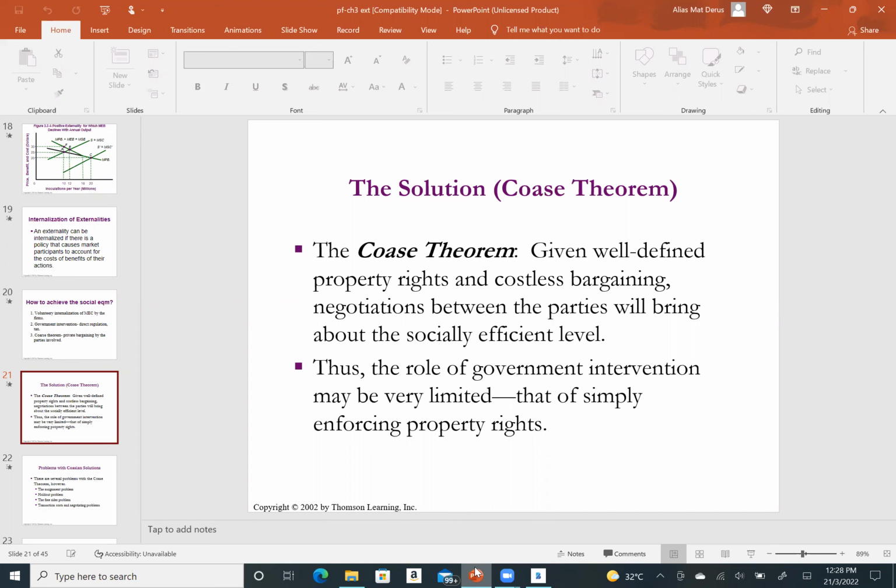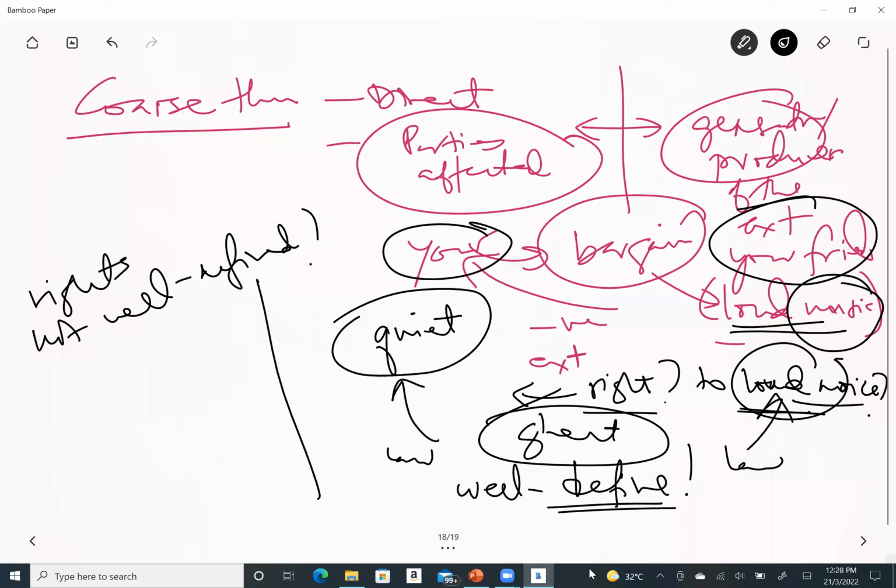And next, the bargaining between you and the other party is what? Costless. That means your bargaining is not costly. Costless means the cost is almost zero, though sometimes bigger cases involve some cost. Here, I can say zero cost.